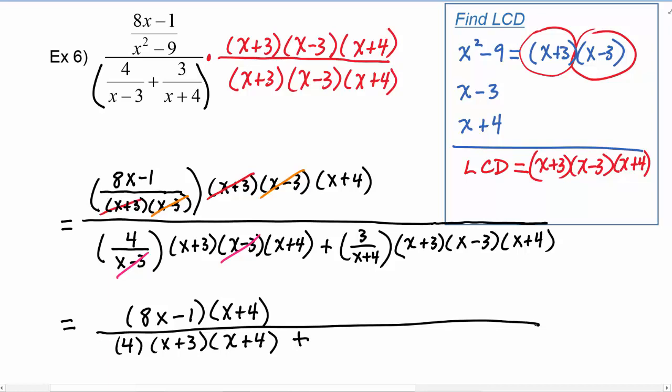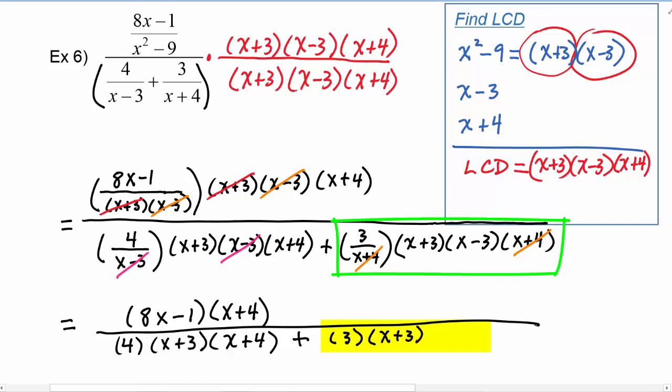In this last product, the x plus 4 will cancel with the x plus 4, and we'll have left 3 times x plus 3 times x minus 3.